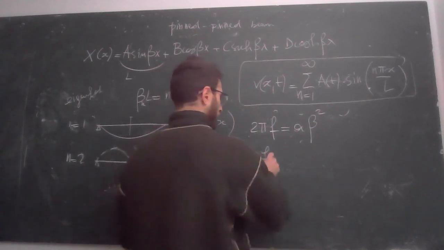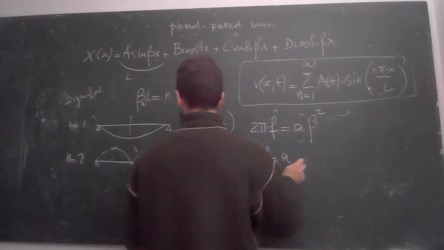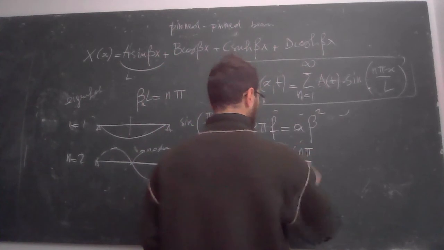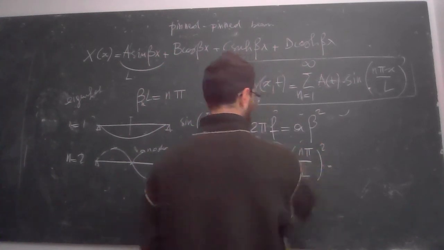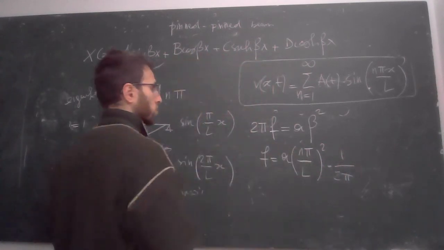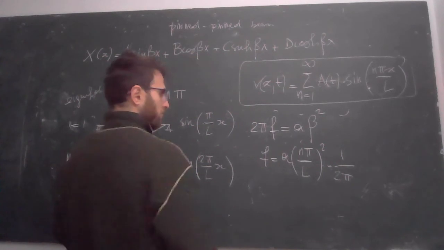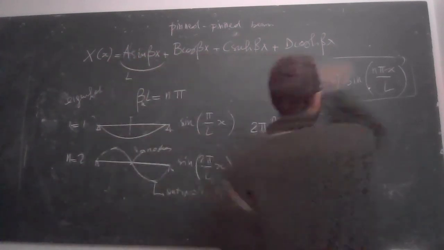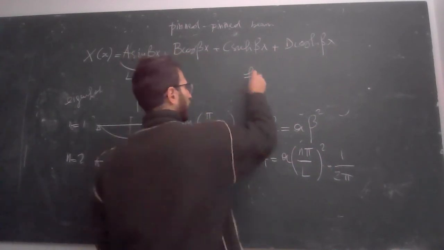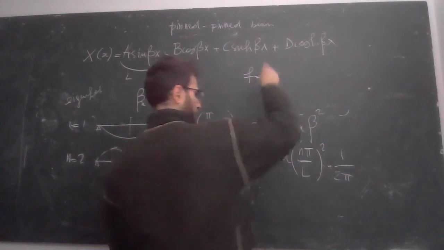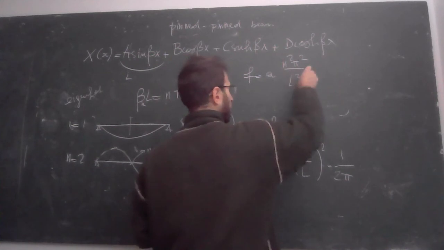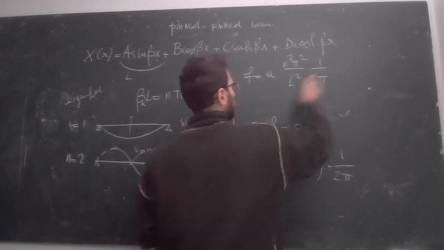So f is a beta square, meaning n pi over L squared, divided by 2 pi, times 1 over 2 pi. If we rearrange this expression, f is equal to a times n squared pi squared over L squared times 1 over 2 pi.